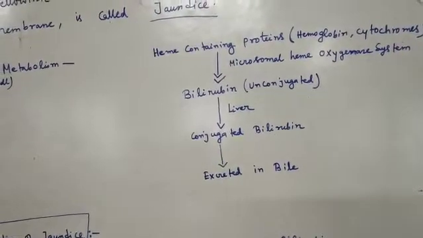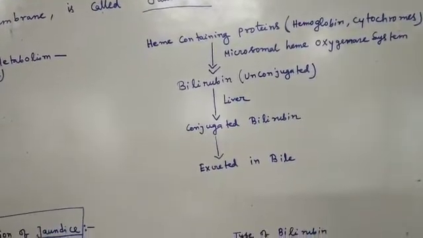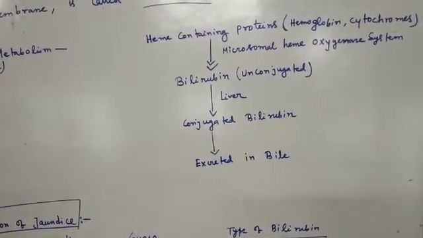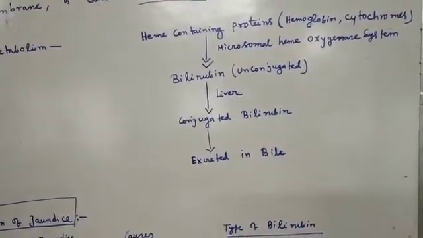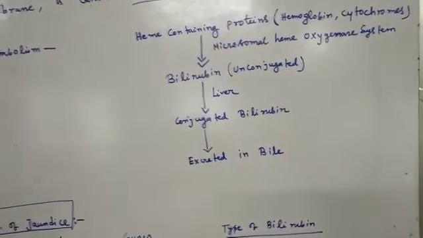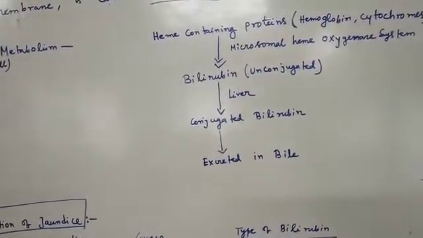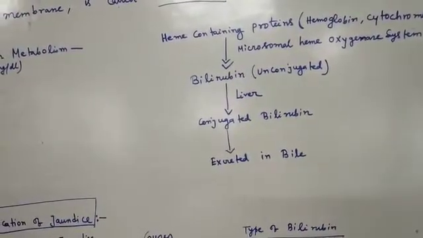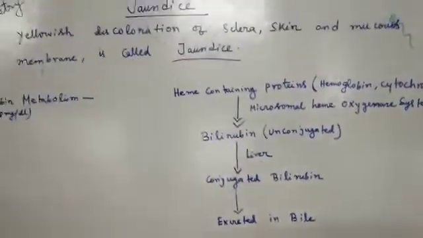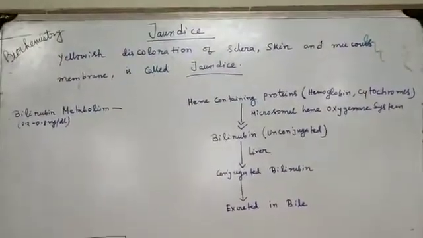And due to certain bacterial action like deconjugation and reduction, this bilirubin present within the bile is converted to certain bilinogens like stercobilinogen and urobilinogen. About 20% of this urobilinogen is reabsorbed daily from the intestine to enter the enterohepatic circulation. So, up to this we have to know about bilirubin.